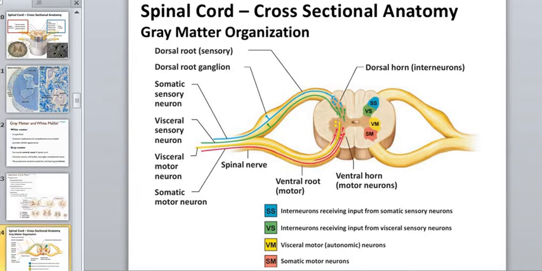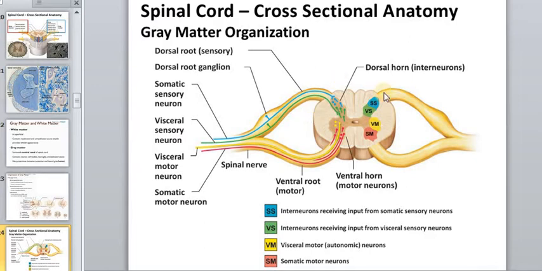Through the lateral gray column, the sympathetic nervous system makes changes in the cardiac, pulmonary systems and more to prepare the body for an emergency situation.